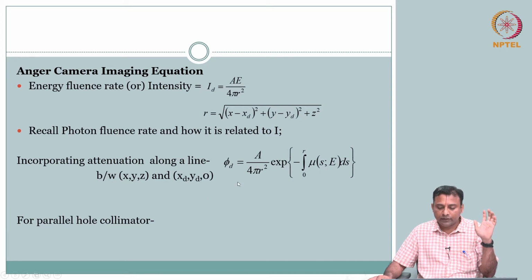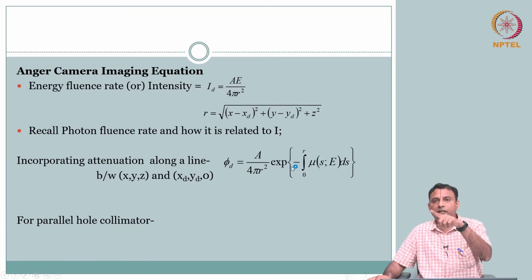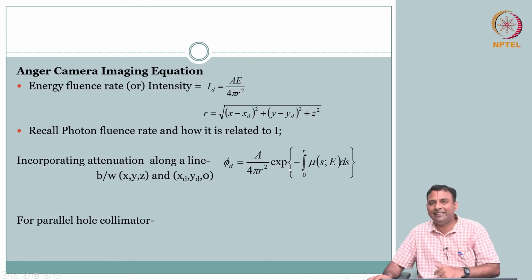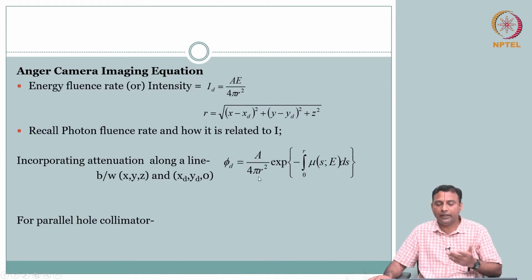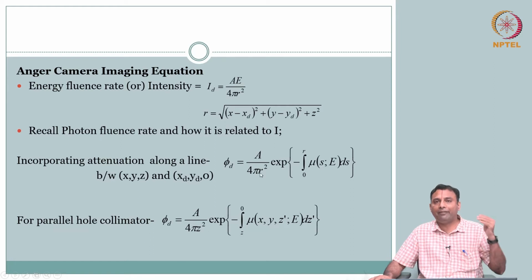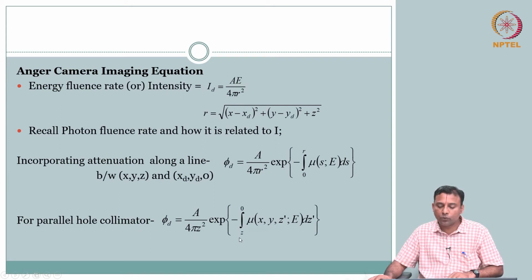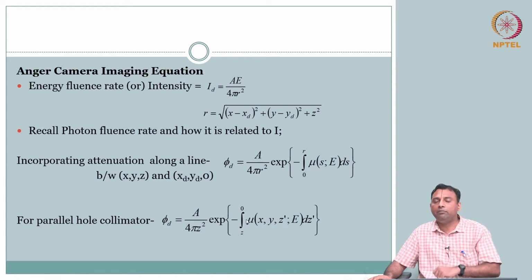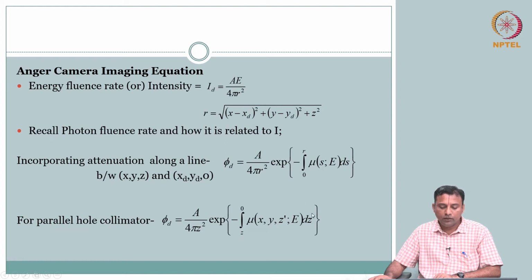So instead of R, we can have only Z, since collimators are parallel to Z. So we could write phi_D with everything parallel to Z: A by 4 pi Z squared, and along Z you have the attenuation. It is not going to come at some angle. So for the parallel hole collimator configuration, this is what is falling on the detector.